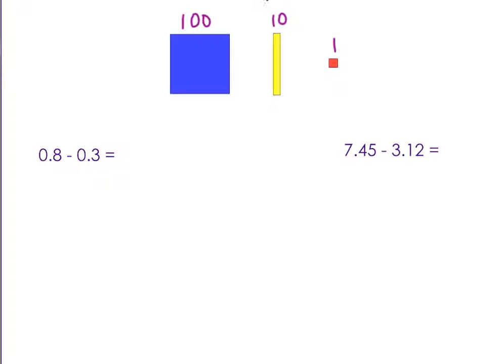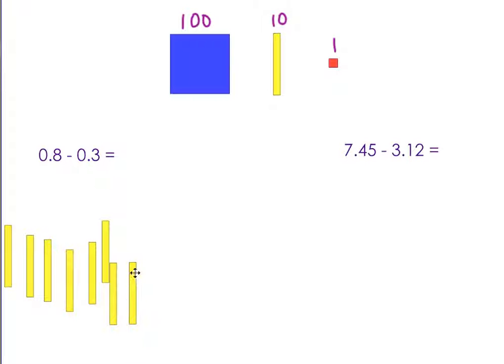Let's try another one. Now we're going to subtract. So now we have 8 tenths here, so we're going to need 8 of these tenths. 1, 2, 3, 4, 5, 6, 7, and 8.